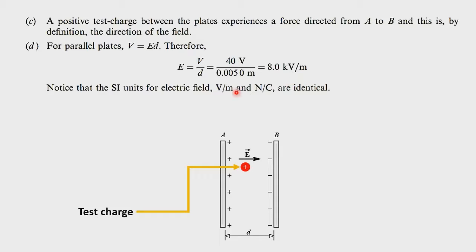Now, in our previous lesson, electrical field should be in newton per coulomb, but volt per meter is simply also equal to newton per coulomb. So this unit is also referring to the electrical field for the SI or Standard International unit for our electrical field.